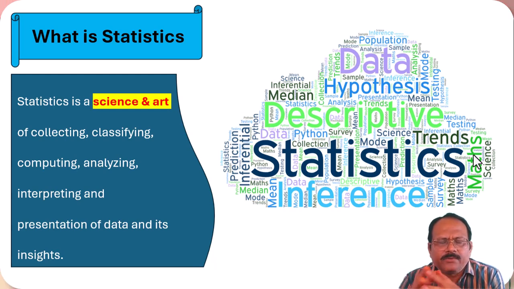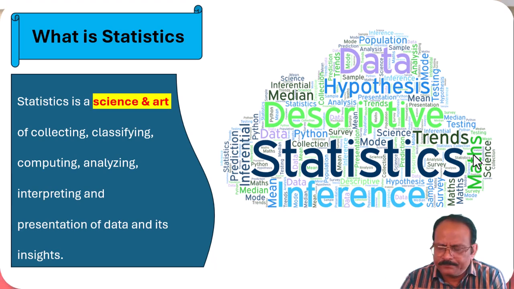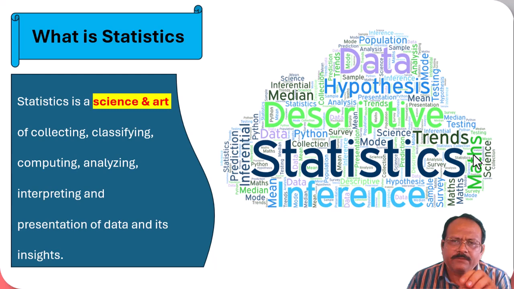The classification of data everybody should know: categorical, numeric, ordinal data, discrete data, continuous data, binary data. Okay, and analyzing it after computation, interpreting the result and presenting the insights, everything in the form of tables or graphs, figures, whatever. So this is the definition of statistics.